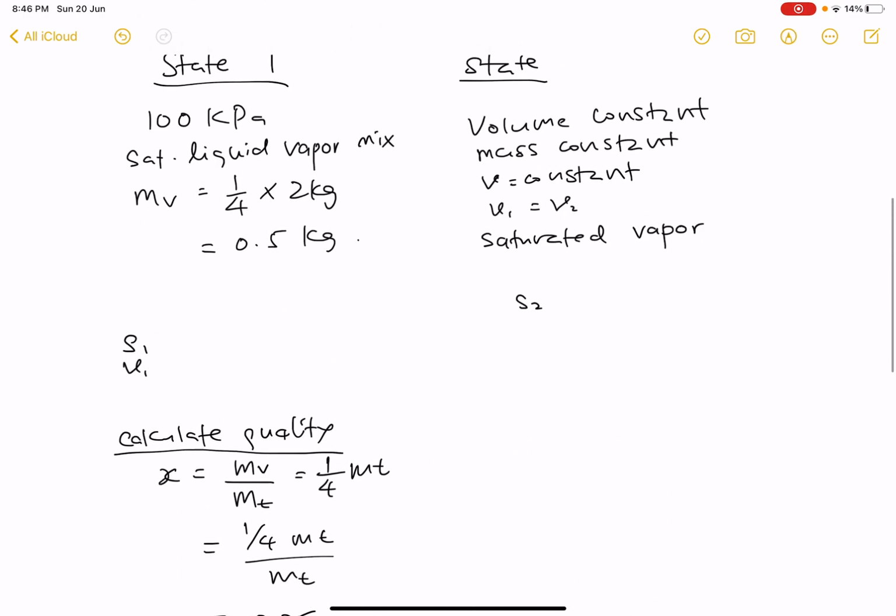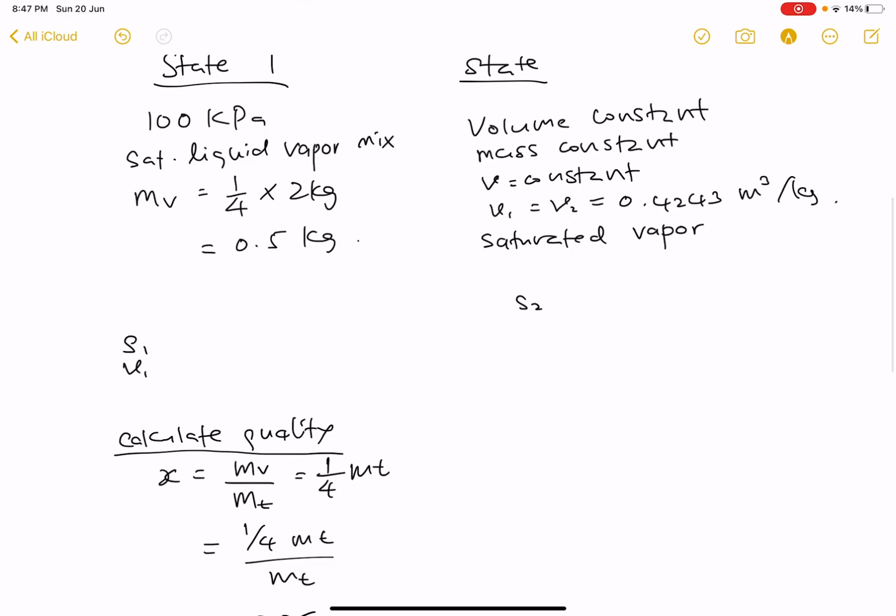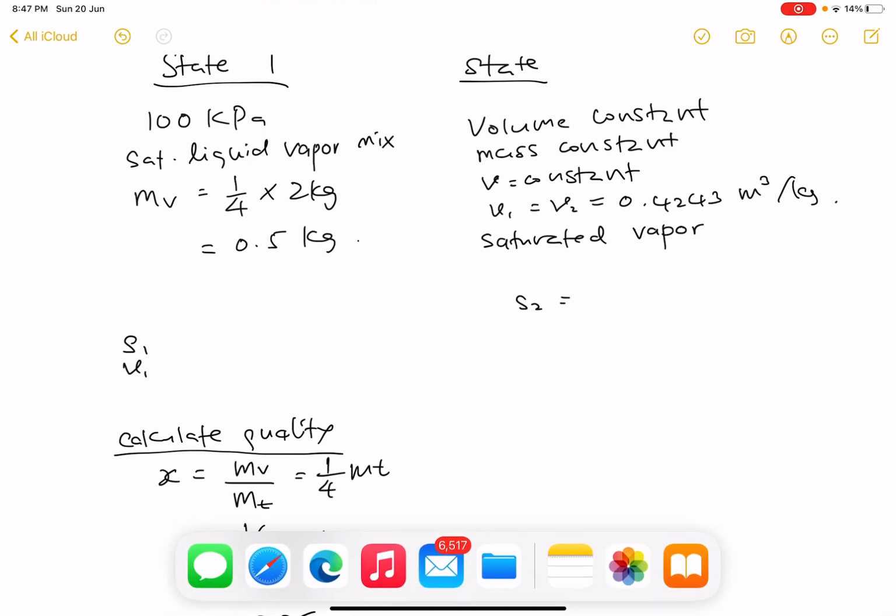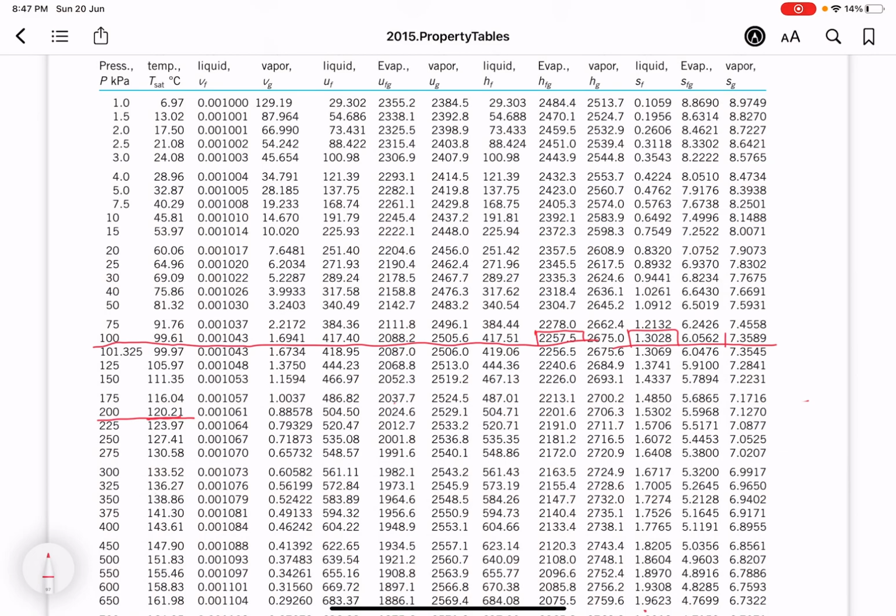At state 2, since v1 equals v2 equals 0.4243 meter cube per kg, you go to the saturated vapor.